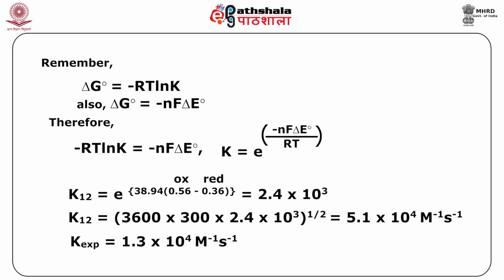So K12 overall is given by K12 equal to e to the power 38.94 into the difference between the oxidant and reductant, that is 0.56 minus 0.36, which is equal to 2.4 into 10 to the power 3. This is the equilibrium constant in this case.